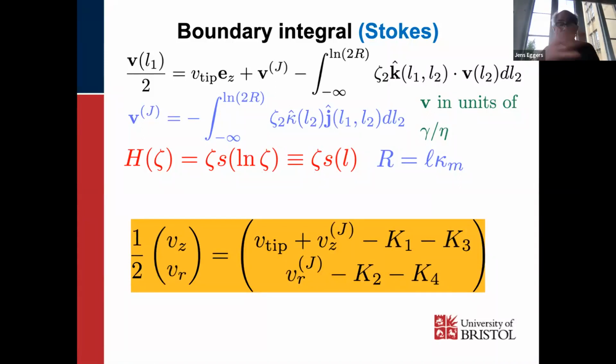Symbolically, I want to solve the following equation. I think of this as a matrix equation for the Z and R component of the velocity. And I have to perform these integrals, which are right here symbolically as Vzj and Vrj and K1, K2, K3, K4. But I do have to remember that these are actually not numbers, but are integrals.